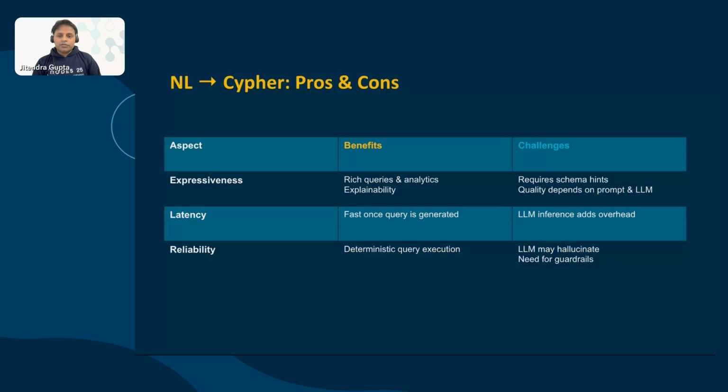Okay, so as I have discussed, the benefits and the challenges here. If we see the expressiveness, the benefit we get from utilizing the graph plus the Gemini models is rich queries and analytics capabilities.